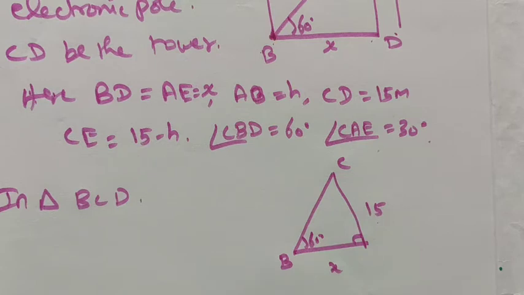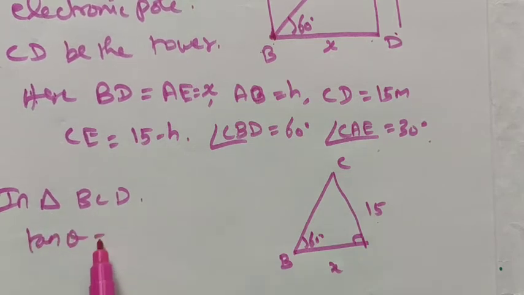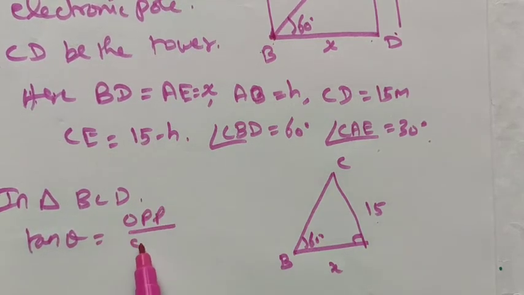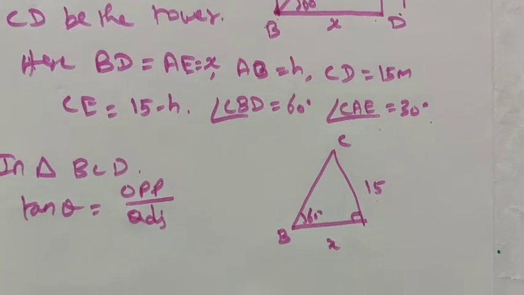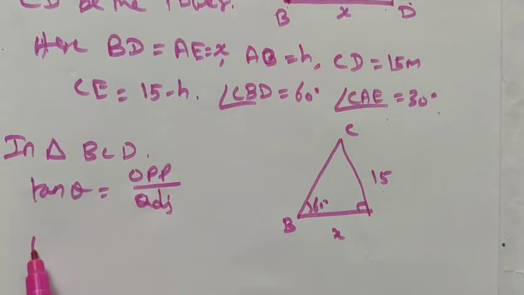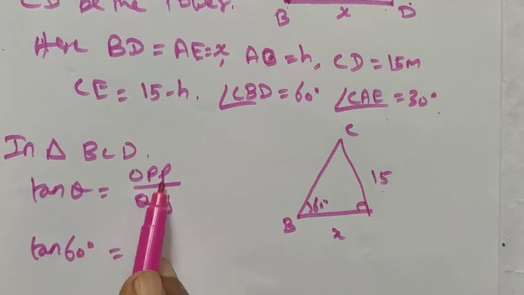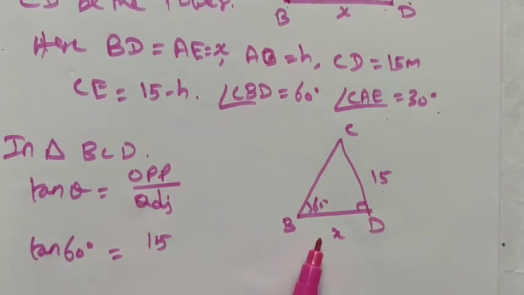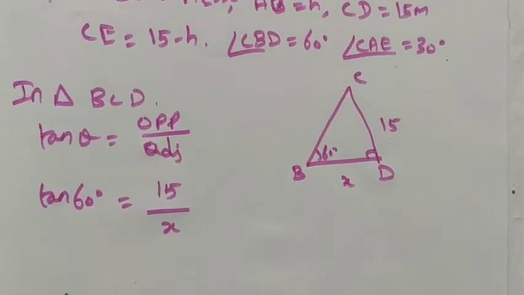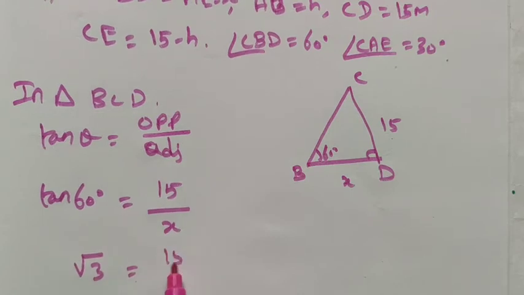Opposite divided by adjacent is the ratio tan theta. Right? Here theta is equal to 60 degrees, so tan 60 degrees is equal to the opposite side CD, that is 15, and the adjacent side is X. We know the value of tan 60 is root 3, so root 3 is equal to 15 divided by X.